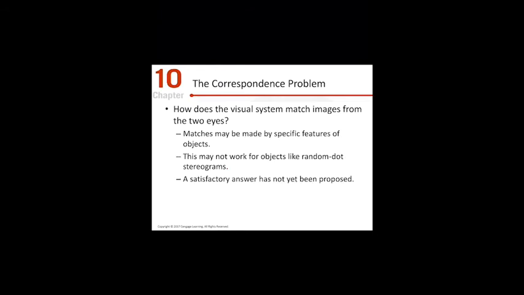Psychologists, neuroscientists, mathematicians, engineers, a bunch of different people have tried to explain this correspondence problem, and nobody has come up with a good enough solution that says, yes, that must be what it is.